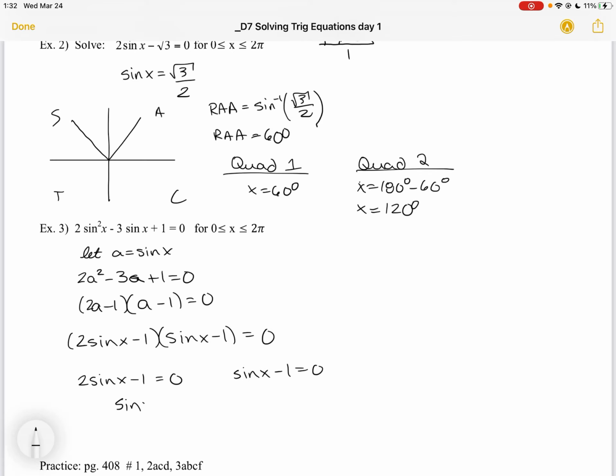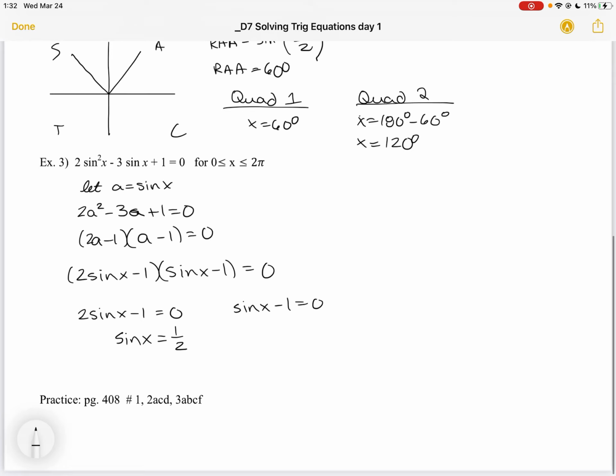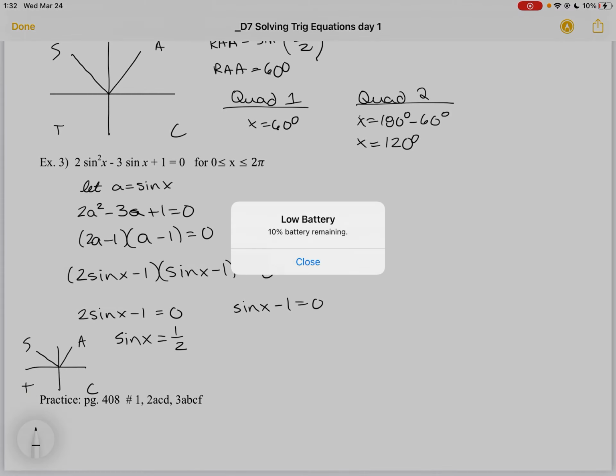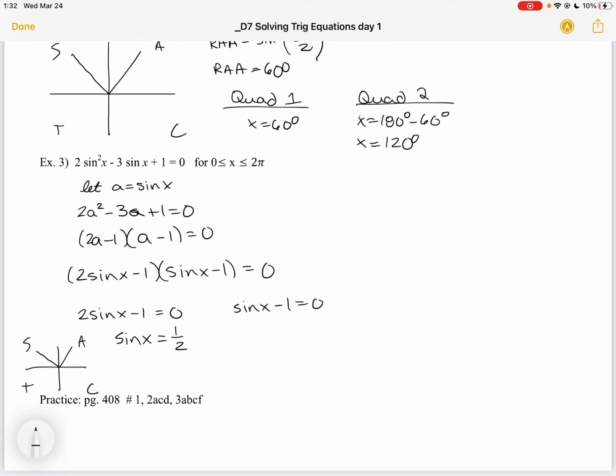So the first one looks like one I've done before. Sine x equals a half. Drawing my quadrants. I know that sine is positive in the first two. I am looking for the x value that makes that ratio true. Using my special triangles, I know that that's going to have to be 30.